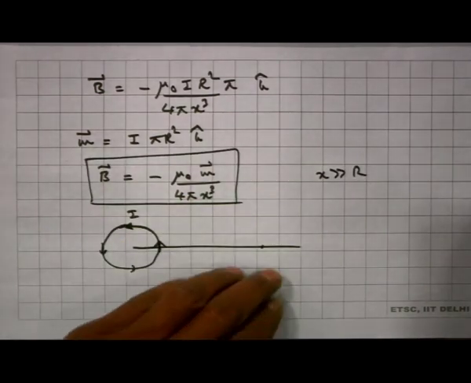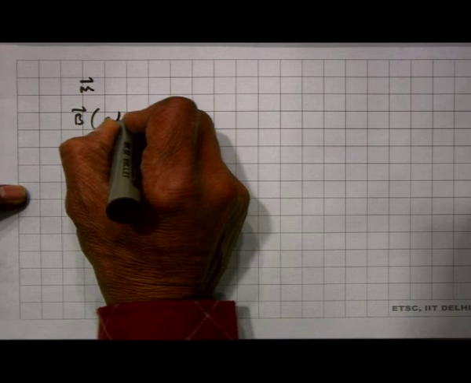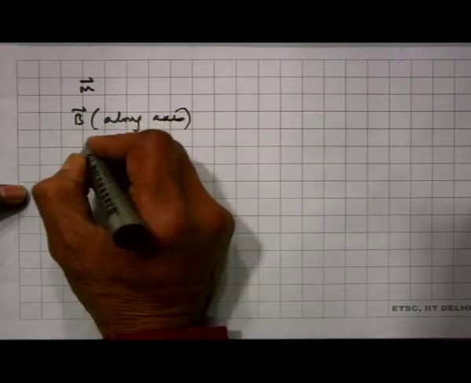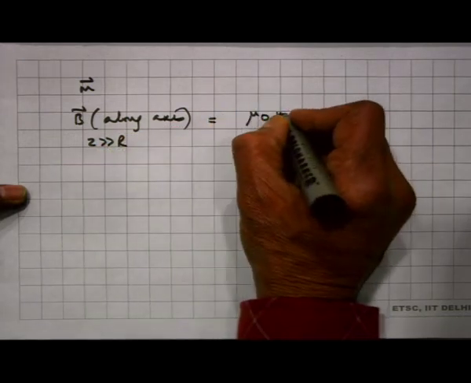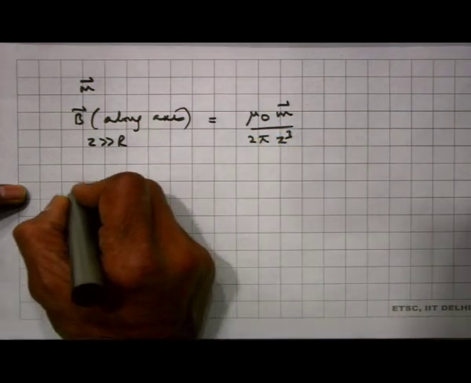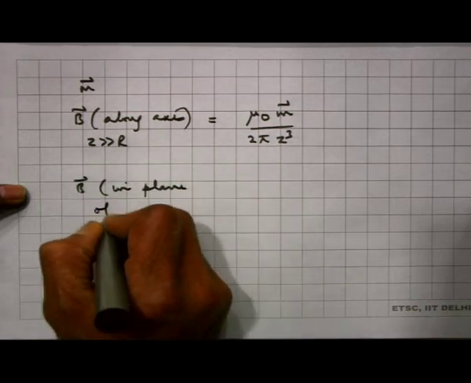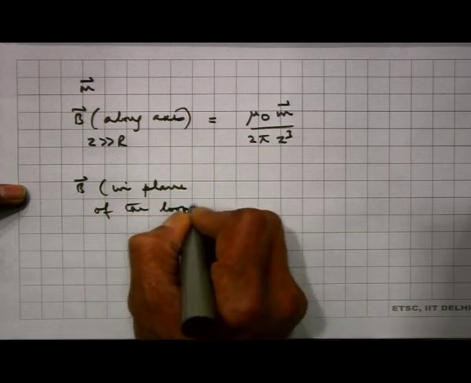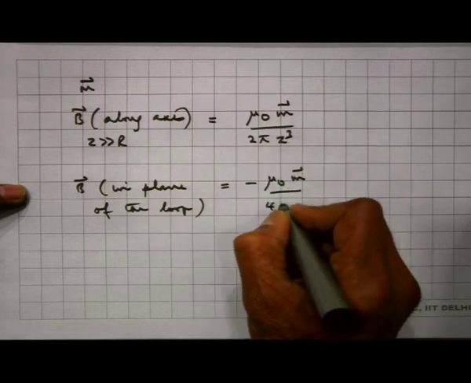So, we have got expressions for the dipole moment of a circular coil. Let me recall here. If I have a magnetic dipole moment m, then B along the axis for z much greater than r is equal to mu naught m by 2 pi z cube, and B in the plane is minus mu naught m by 4 pi.